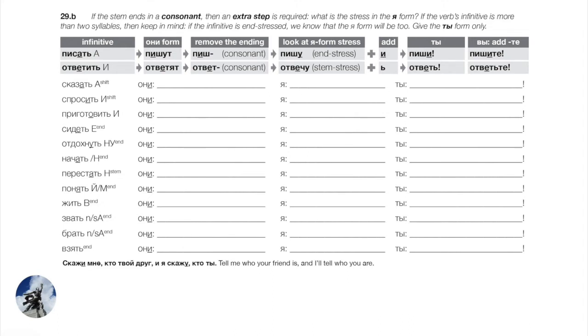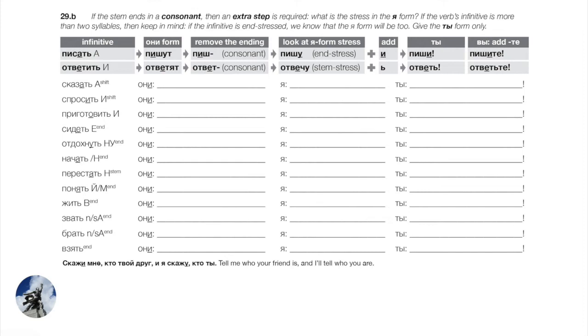Okay, взять, there's the perfective verb for taking, and we see no verb tag there. Remember what that means. That means that this is an irregular verb, very unusual. We can't categorize it really. Now for this one, you just have to know the unusual stem, which is возьм, right? Они возьмут, meaning they will take. Возьмут, we drop the ut, we're left with возьм.